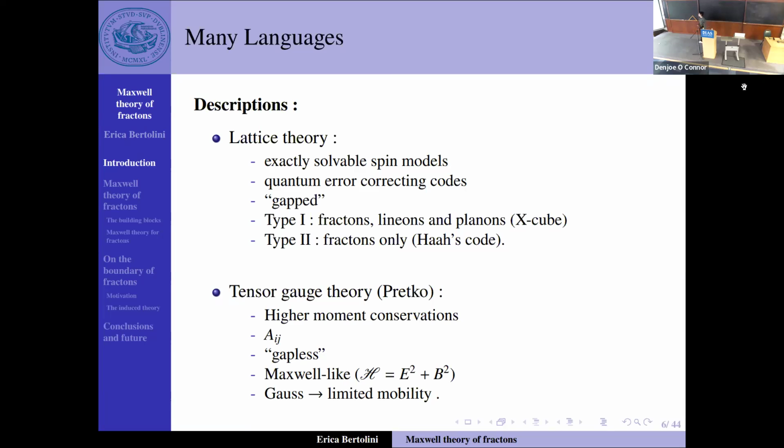And these are gapless theories, or massless theories, and they are Maxwell-like models. So, for instance, they have a Hamiltonian which is E squared plus B squared. I will show you this better in a few more slides. Concerning limited mobility, these fracton models in gauge field theories come from Gauss-like constraints.